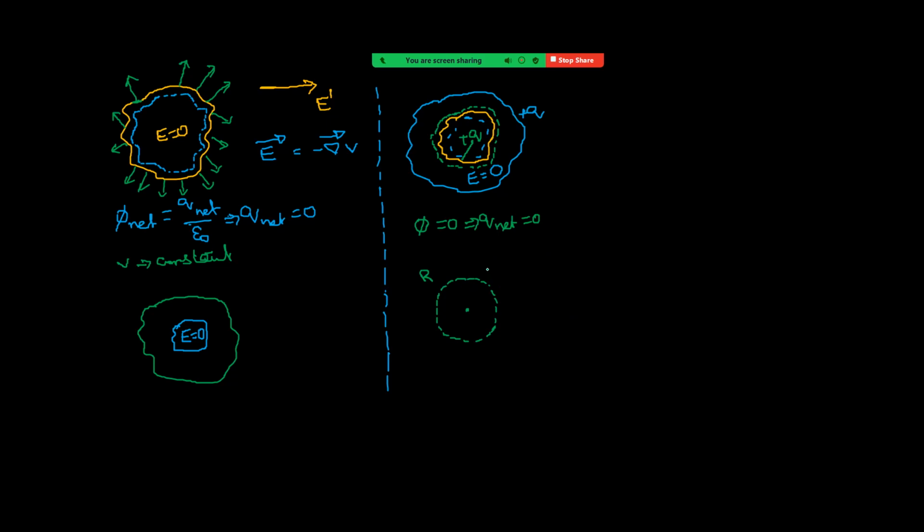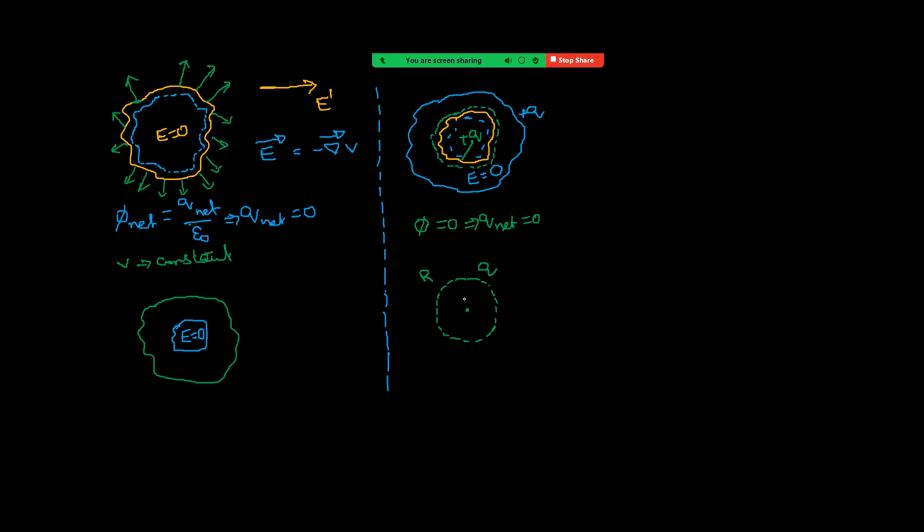I am giving charge Q to this one. A charge Q is given to a conducting spherical shell. Inside the shell, there is no charge. Therefore, inside the shell there is no electric field. In fact, the inside is nothing but a cavity. So when you take a spherical shell, the inner region is a cavity.